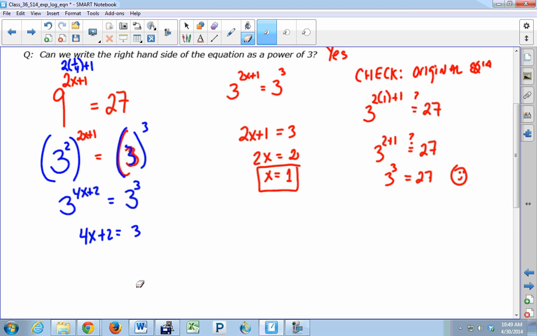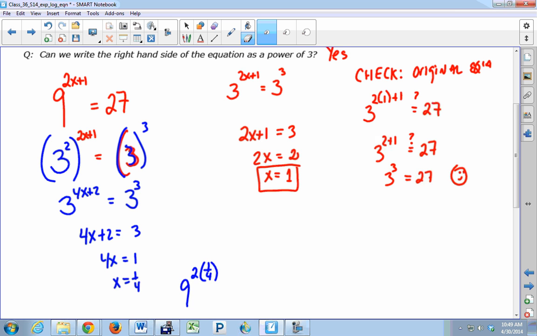Huh? Never mind? Why, you were telling me what to do. If I put a quarter in here, what did I do? Oh, 1/2 plus 1. Oh, okay. Thank you. I just did my math wrong.